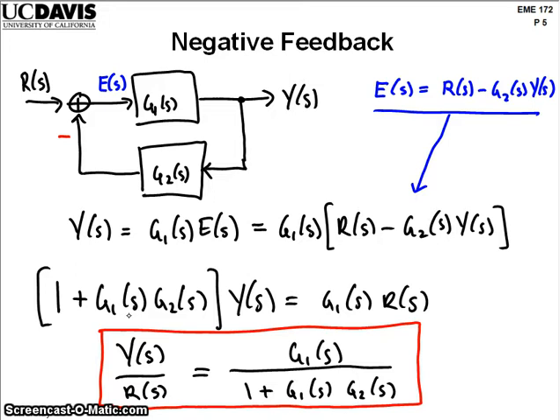Now often, instead of having a transfer function in the feedback loop on the bottom here, we might just have nothing, right? So if we replace G2 with a 1, then I don't have to draw a block there at all. And 1 is a unit, and so I call that unity feedback.